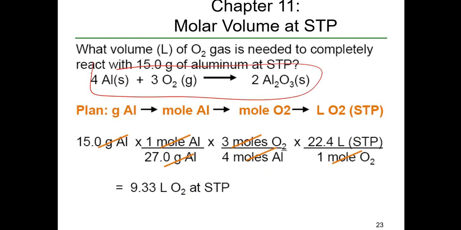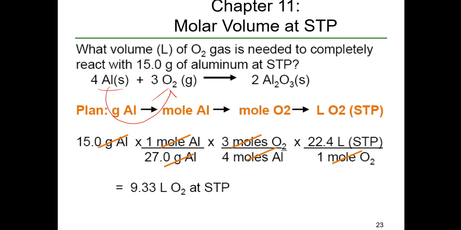And then if you have a balanced equation, yay, then we can use it in a balanced equation. So in this case, we're starting with grams of aluminum right here. And then we need to have a gas that's in the equation. In this case, here's a gas, oxygen. And assuming we're at STP, we can convert from the grams of aluminum to the liters of oxygen for that gas.